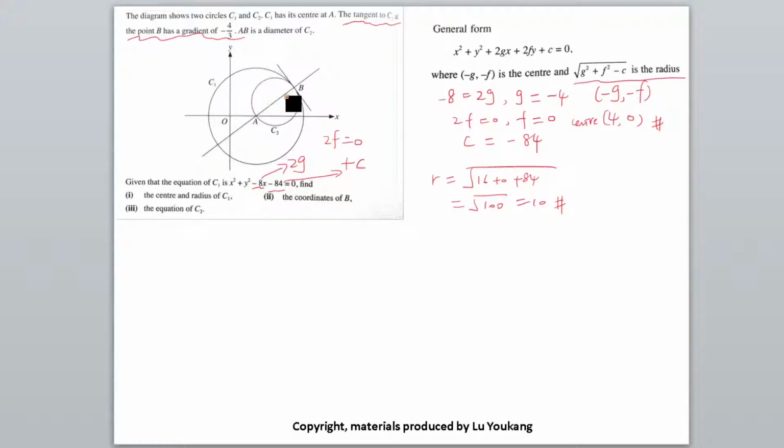So we already have one equation, and therefore we need another equation so that we can solve the simultaneous equations. Let's find out another equation which involves our B. We are told that the gradient at the point B is minus 4 over 3.